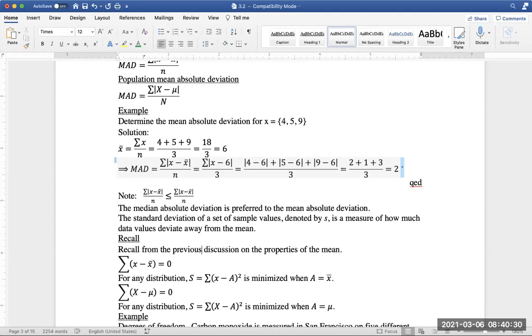So that's not a good measure of dispersion because it doesn't distinguish between any of the differing sets of data. So for any distribution, the sum of the square deviations is minimized when A is the mean.